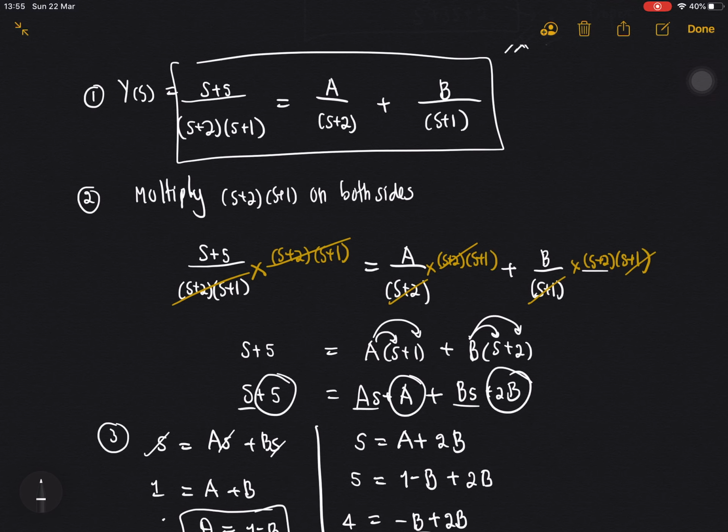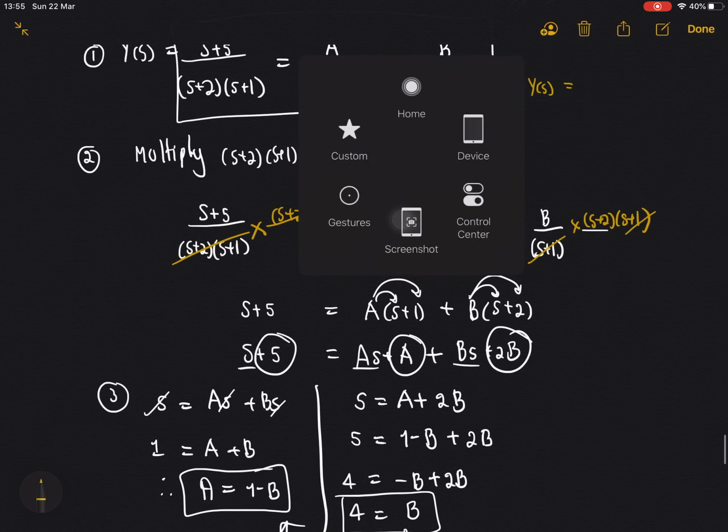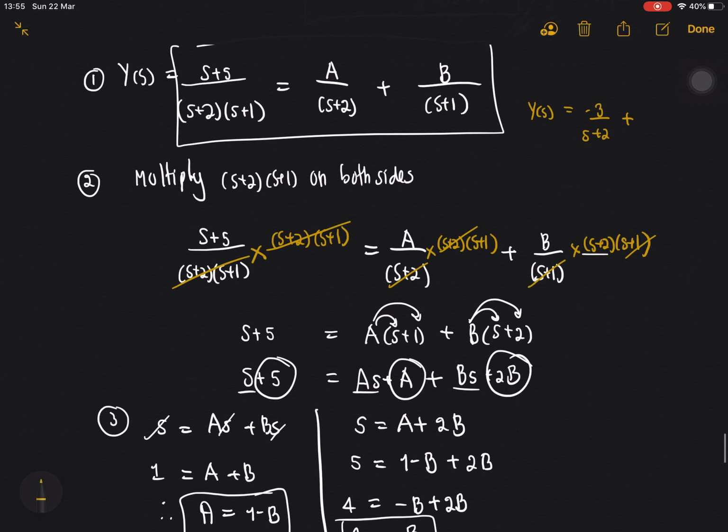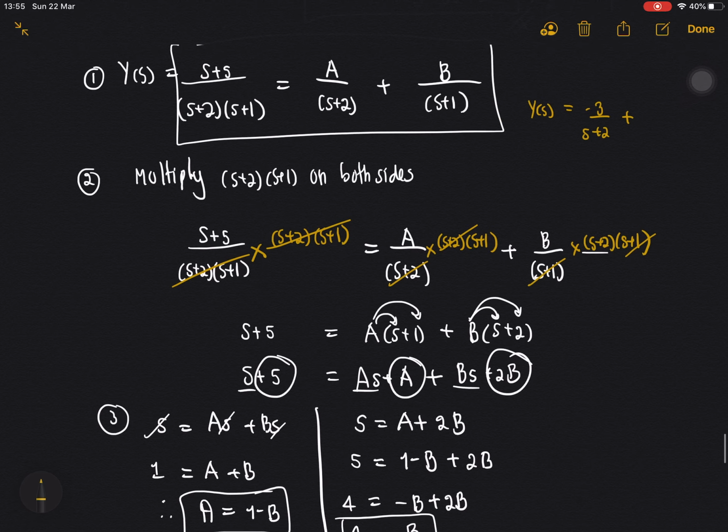After you go back to your first step here, you can see that you have Y of s equivalent to a, which is minus 3 divided by s plus 2, plus b, where your b here in this case is the value of 4 divided by s plus 1, right?